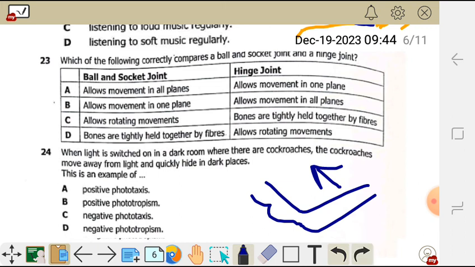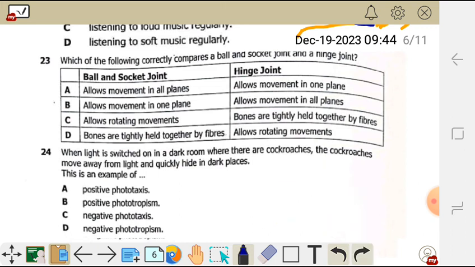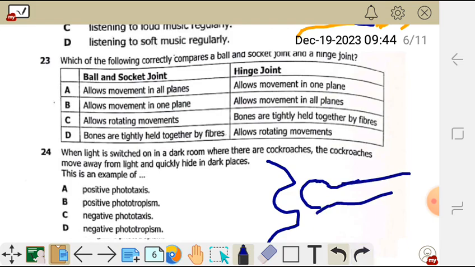But a ball and socket joint allows movement in all the directions. So we have a socket here, then we have a ball which inserts in this socket here. So the movement can go in any direction because we have a ball and a socket, so it can rotate in any direction.